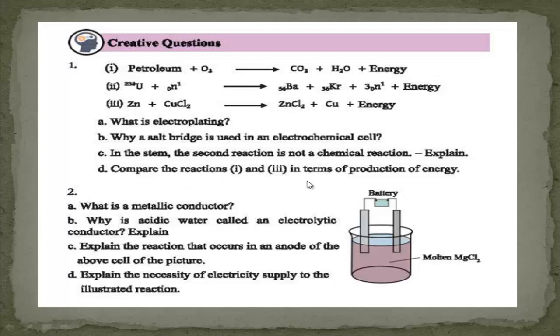Compare the reactions 1 and 3 in terms of production of energy. Reaction number 1 is the combustion reaction of petroleum, and reaction number 3 is a substitution reaction.